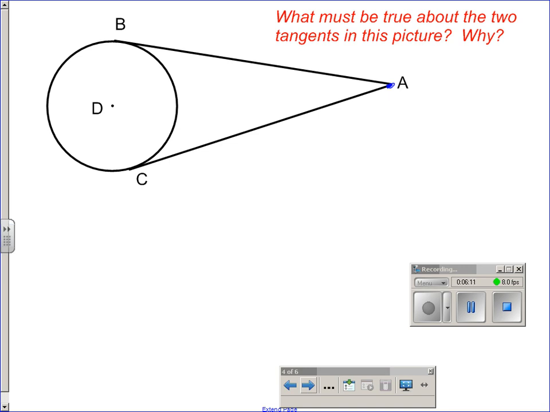So to help with the why and to help get the property, I would draw in one radius, draw in another radius, and then connect the center to point A. That gives you a whole bunch of information. Okay, I want you to come up with what you think is true about these two tangent lines, AB and AC, and I want you to come up with some justifications of why you think it's true. All right, hit pause, work on that. We'll talk about it in class.